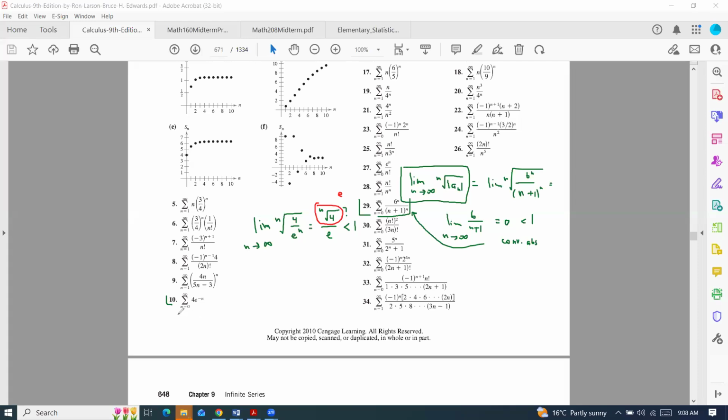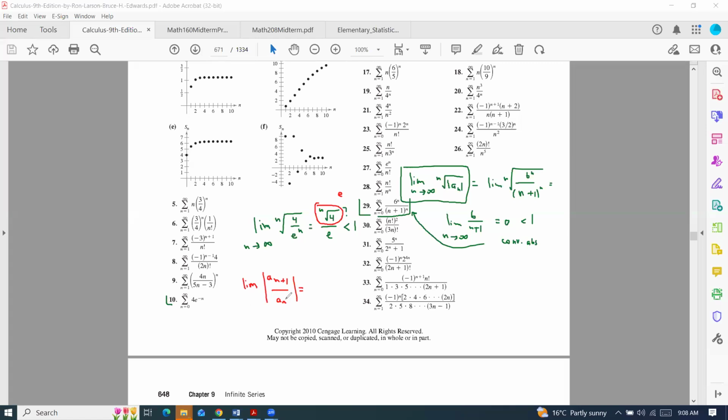And that's the reason why I selected this example, to illustrate that you could have used the other test. The other test in that section was the n plus first term divided by the nth term. So it works analogously, but it enables me to cancel things out.